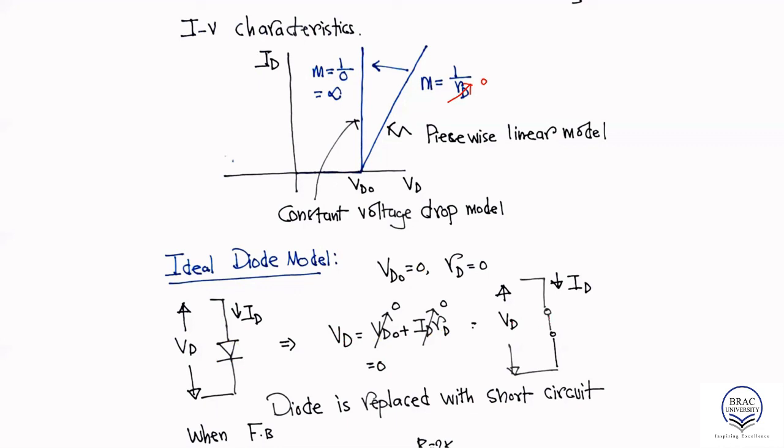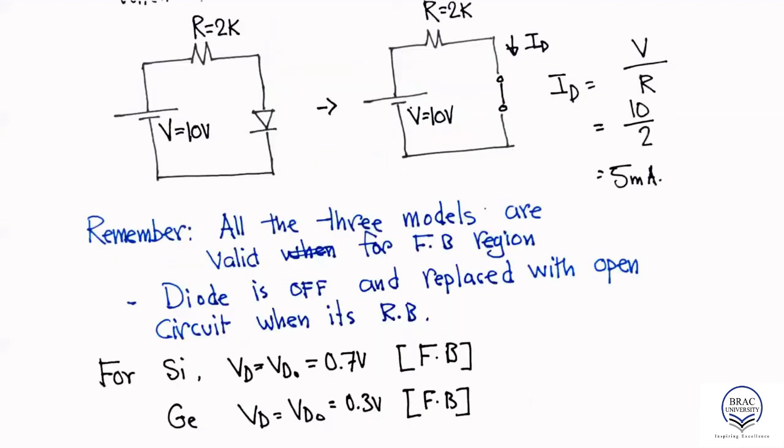So we can replace the diode with a short circuit. In the ideal diode model, when the diode is forward biased, we replace the diode with a short circuit. In that case, if you determine the current, it will be ID is equal to V divided by R.